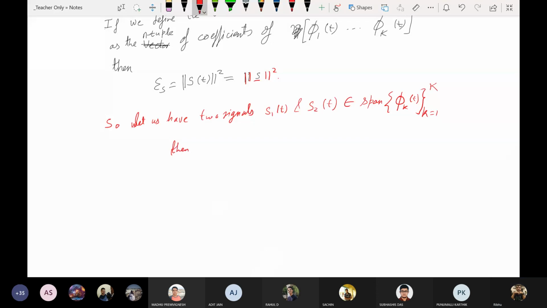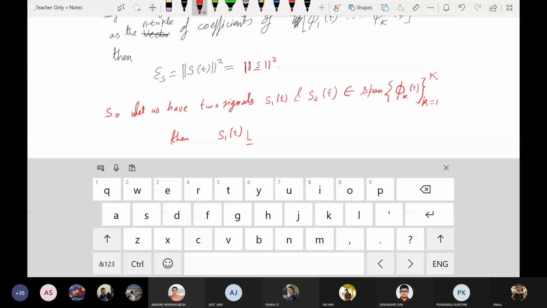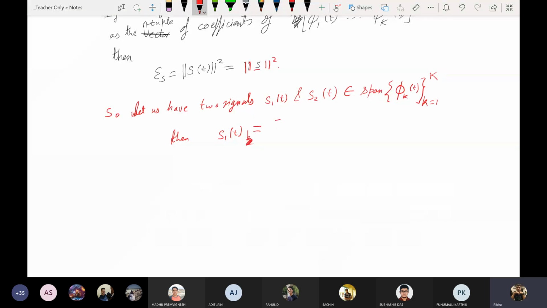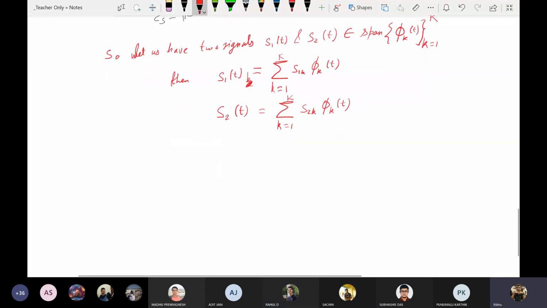Then s_1(t) equals summation k goes from 1 to capital K, right. This is right. Yes, sir. So now s_1(t).